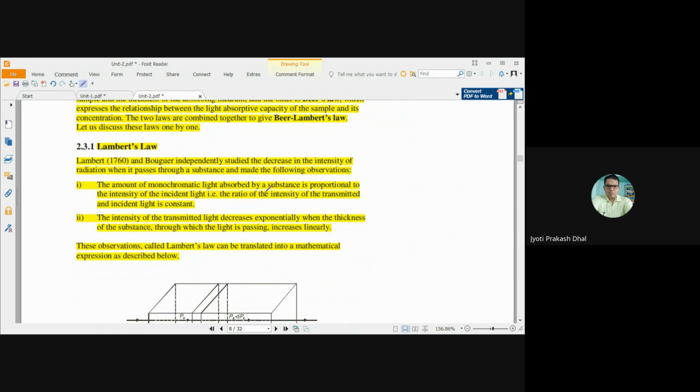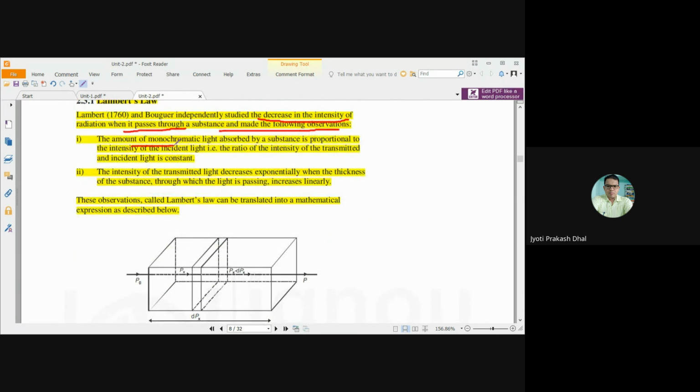The law studied the decrease in the intensity of radiation when it passes through a substance, and made the following observations. The amount of monochromatic light absorbed by the sample is proportional to the intensity of the incident light.